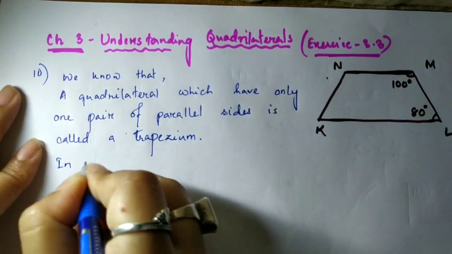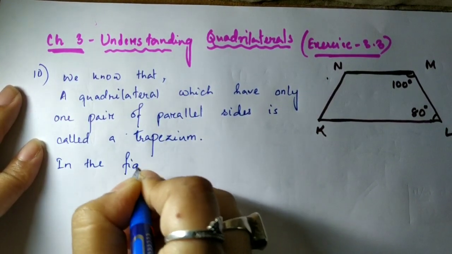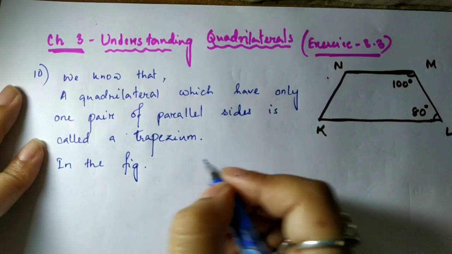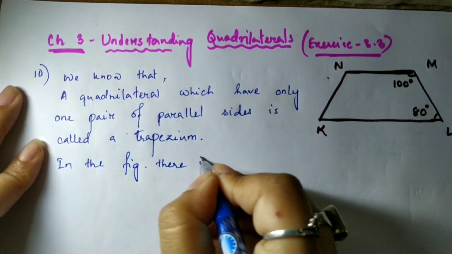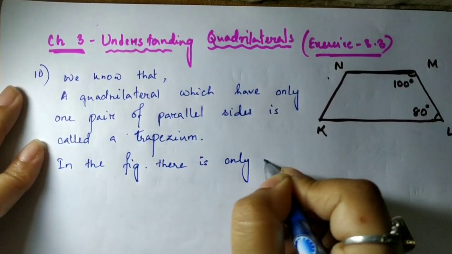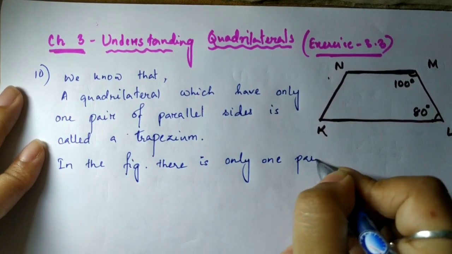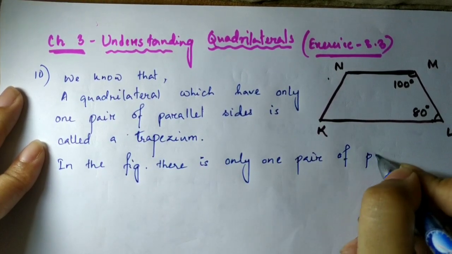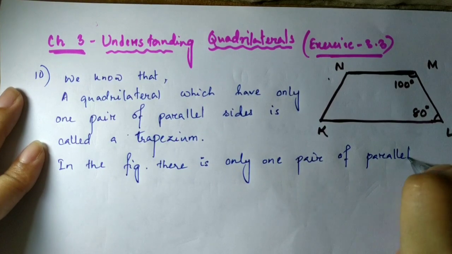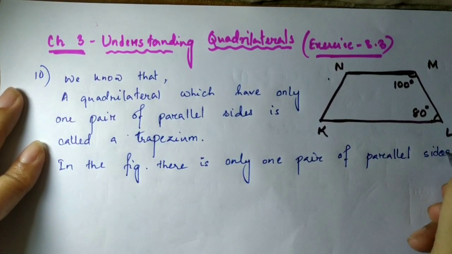And from the figure what you can see, there is only one pair of parallel sides. And what is the pair of parallel sides?